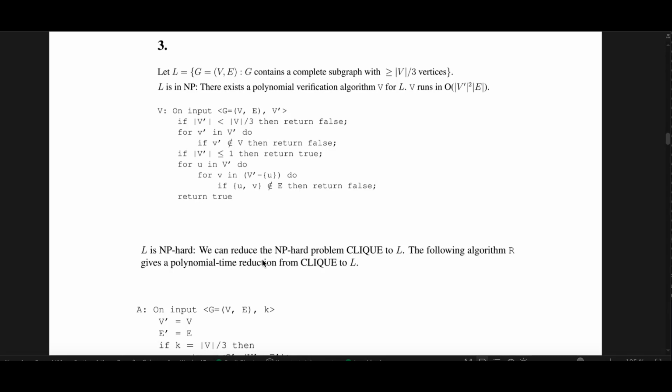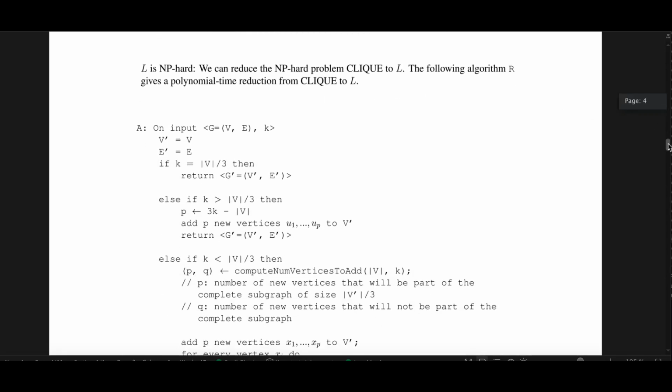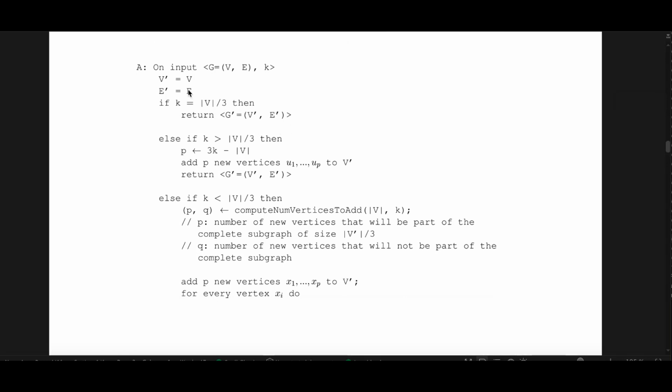And so we can say that L is in NP, and then we can reduce the NP-hard problem CLIQUE to L. The following algorithm R gives a polynomial-time reduction from CLIQUE to L. First, on input G = (V, E), K, V+ equals V, E+ equals E. If K equals the number of V over 3, then return G+ equals V+, E+.